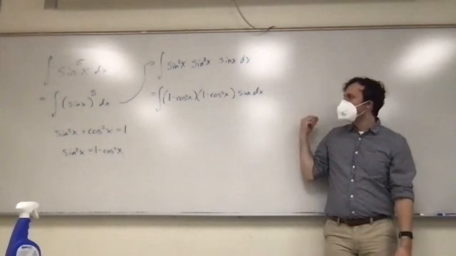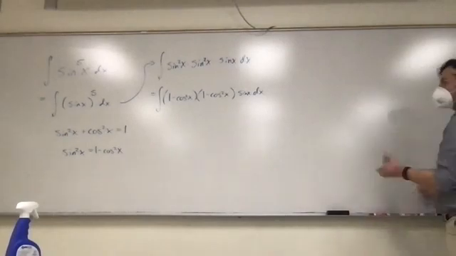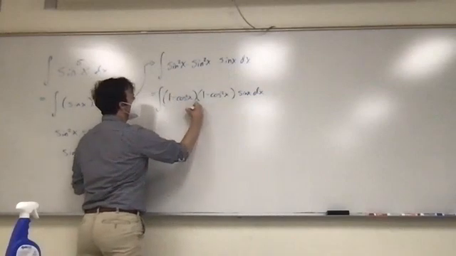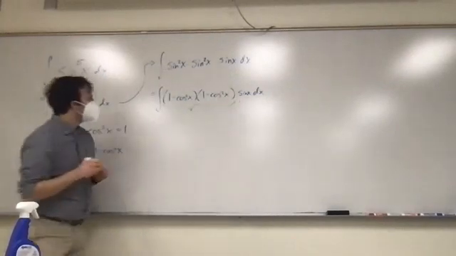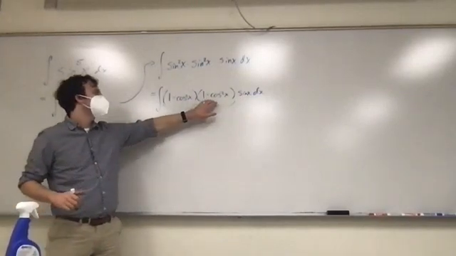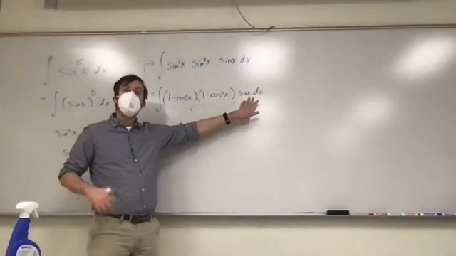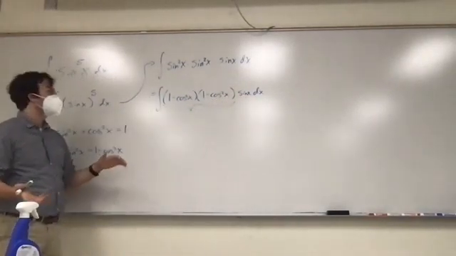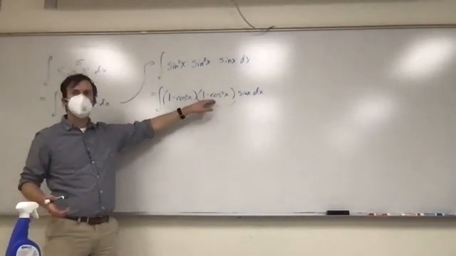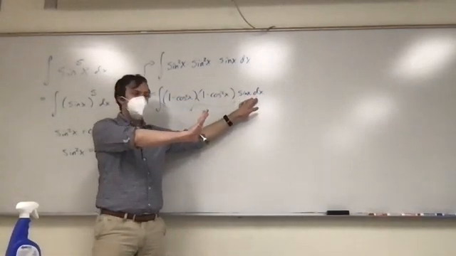But having in the back of your mind that we eventually want to get to a u substitution, this is actually a lot better. While this part is kind of big, it's all a bunch of cosines, and we have a single sine off on the side. This is set up for a u substitution, where all of this cosine stuff can become something in terms of u, and the du is this sine left over at the very end.